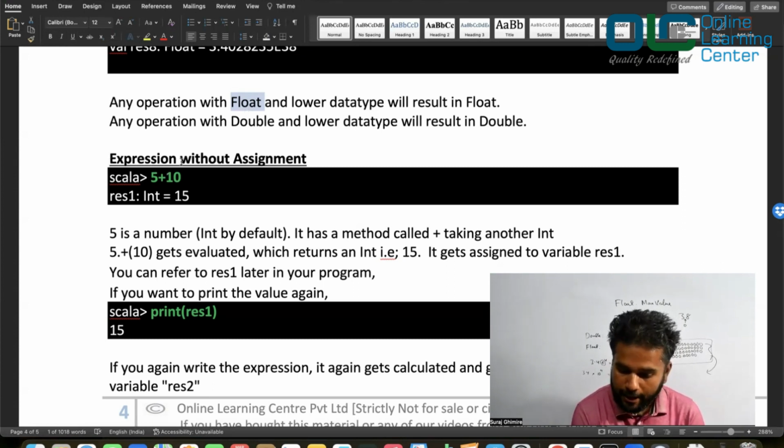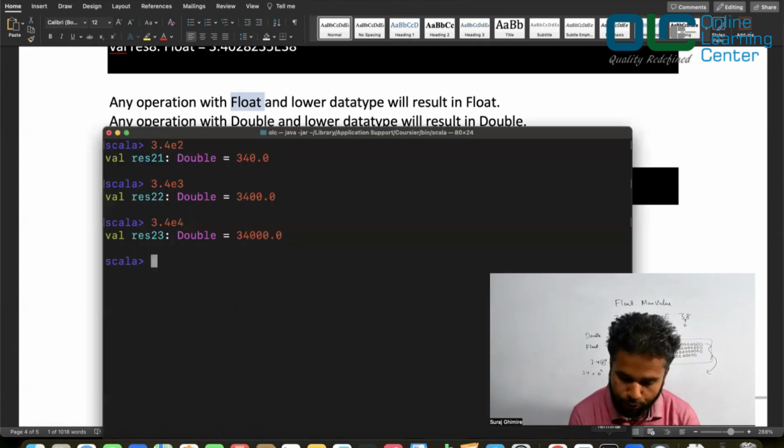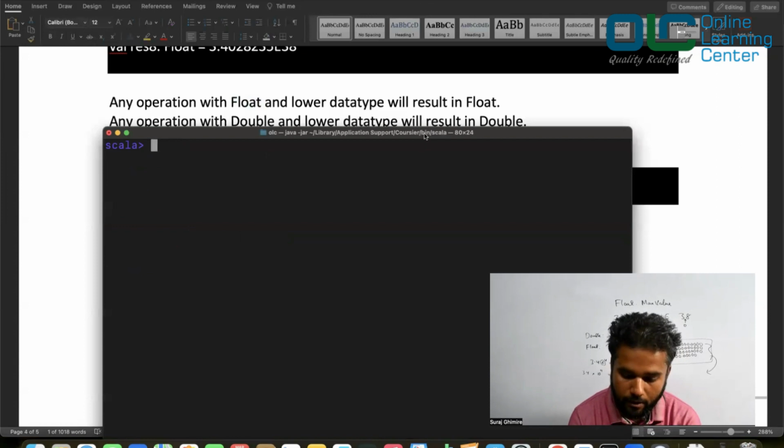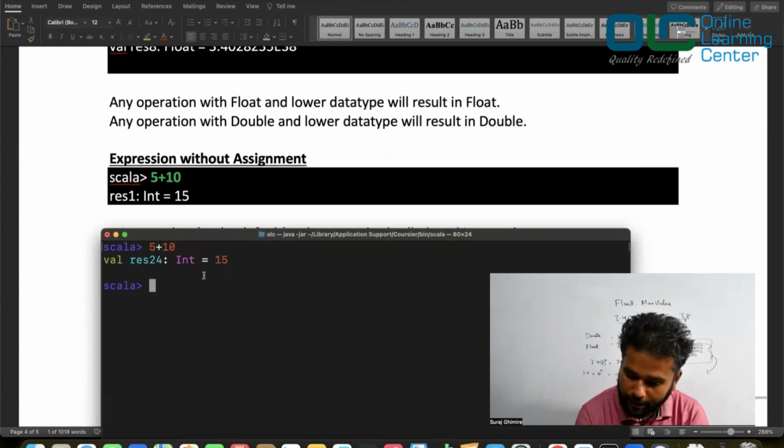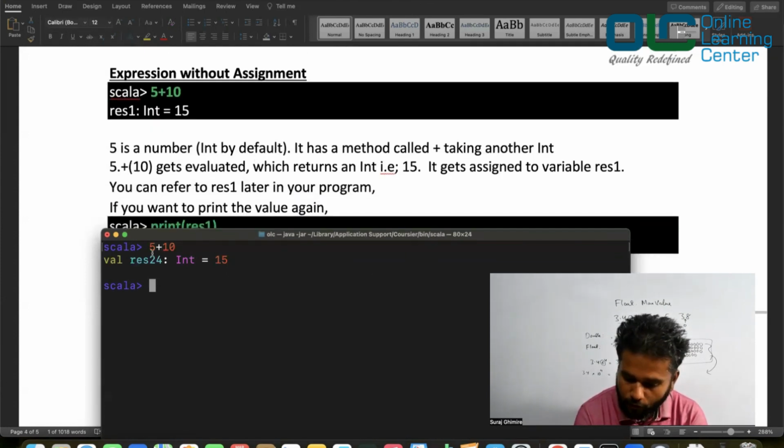Next, expression without assignment. We have done this so many times, but let me show you this again. What happens when you just quickly say 5 plus 10? It gives you 15, right? But look into this, 5 is actually an integer. 5 is a number, integer by default, and it has a method called plus, taking another integer.